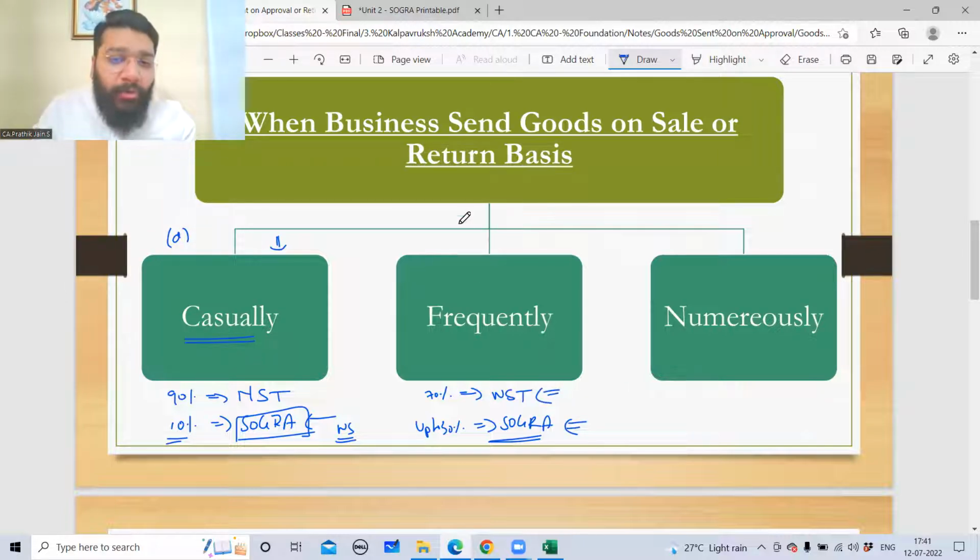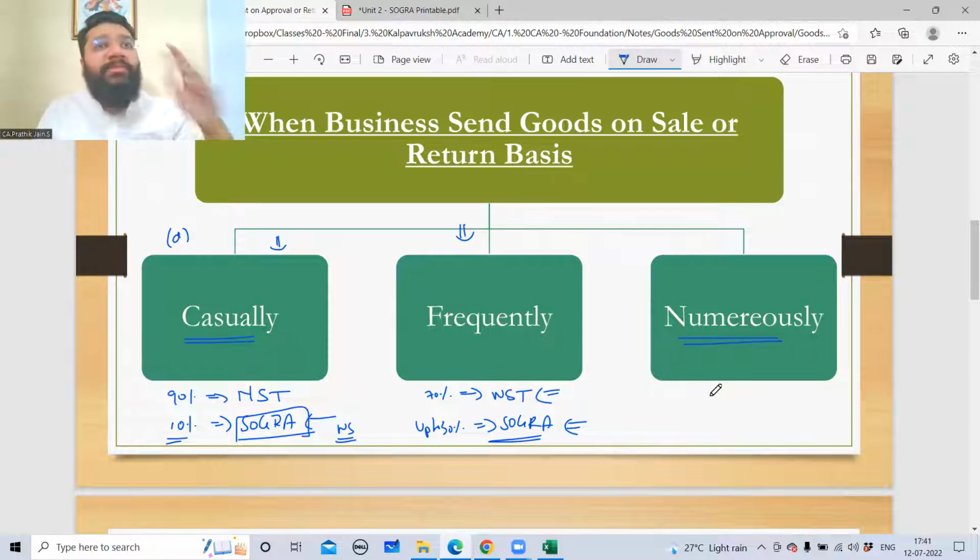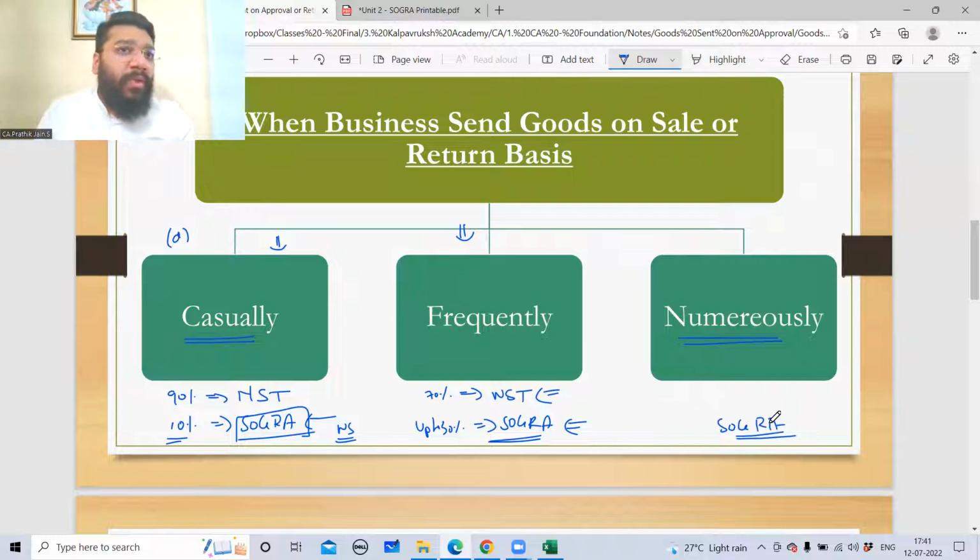In that case, you will apply the concept we learn in this method. Then lastly, you will come across businesses where the numerous transactions, the majority, are sales of goods on return or approval basis, and very few are normal sales, right? When the transactions are numerous in nature, how the accounts need to be prepared and presented is something we'll learn when we come to the C category.